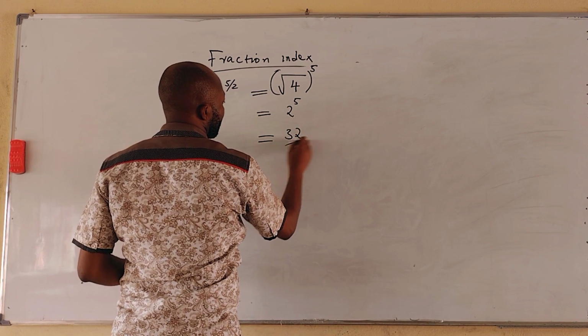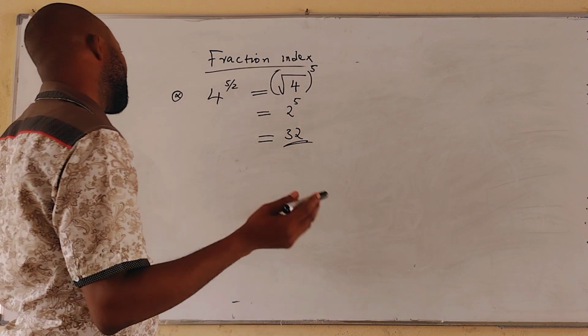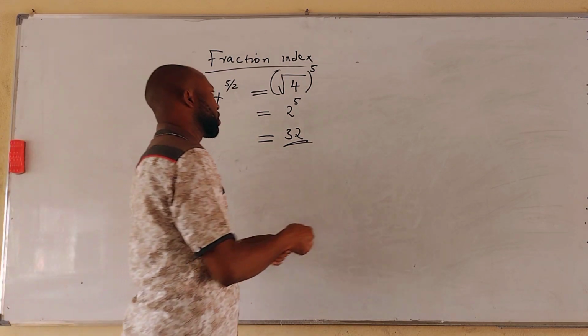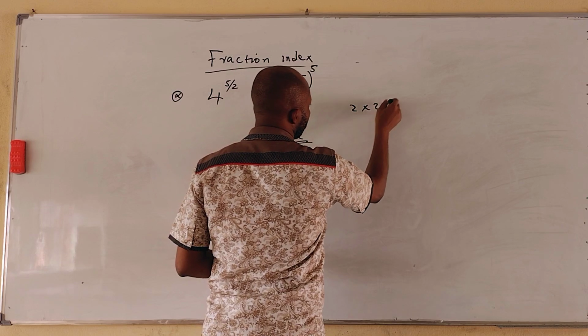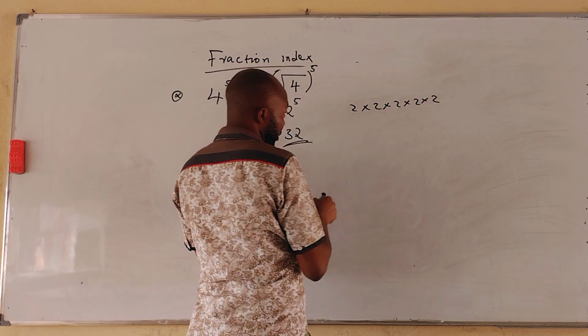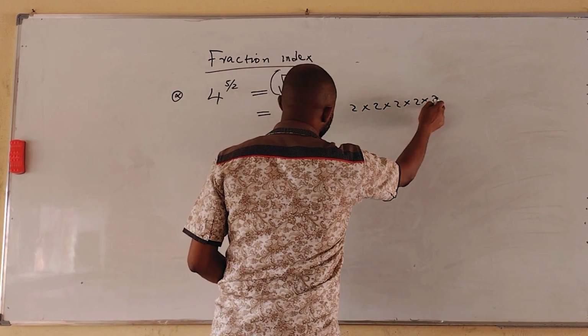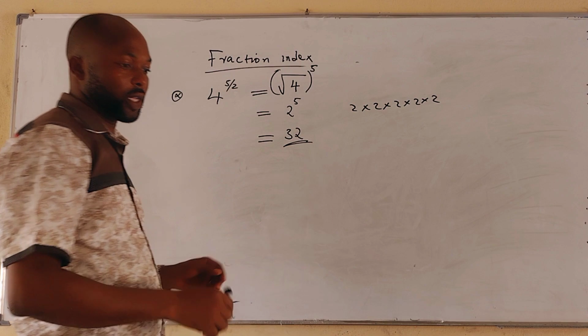How do we get that? Remember, it is 2 times 2, 3, 4, 5 times. 2 times 2 is 4, 4 times 2 is 8, 8 times 2 is 16, 16 times 2 is 32. That is how we got that.